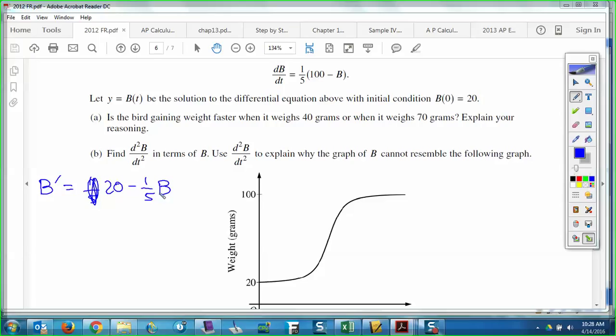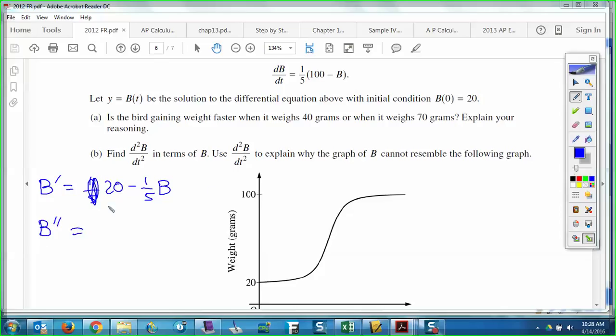Would mean to get y equals, and on the other side would be x's, right? In terms of x means your problem's going to have x's in it. In terms of b means you're going to have b's in it. That's what it means, in terms of b. That's good, because if they just said in terms of t, that would have been bad, because we don't know what the b equation is, right? We haven't solved it yet. That's that last part.